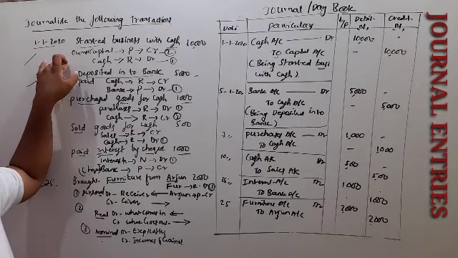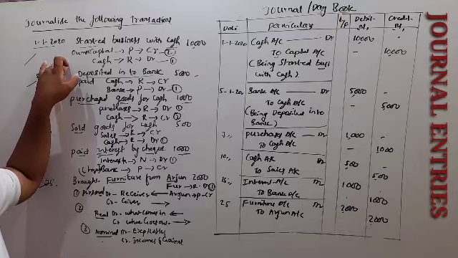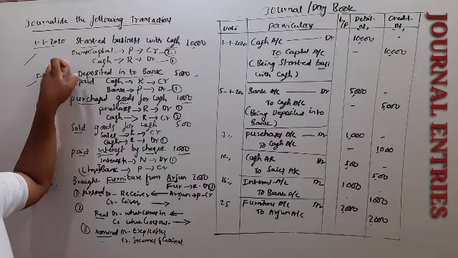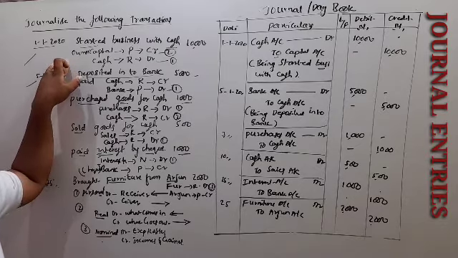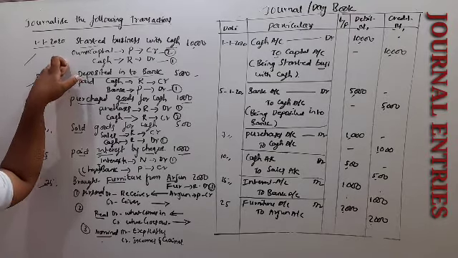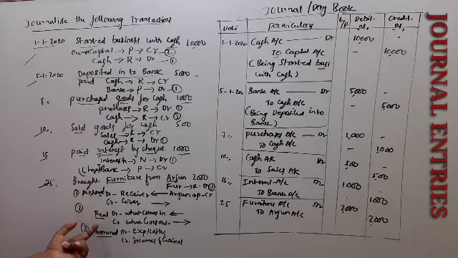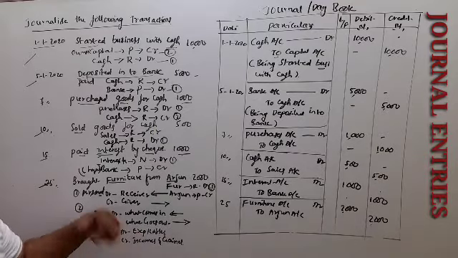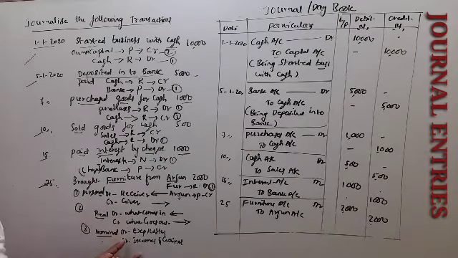Then, after analyzing, you have to find out the accounts involved in each transaction. Then you have to classify under the English system. You know, under the English system, personal account, real account, nominal account, three accounts are maintained. So under the three accounts you have to classify, and then you have to apply the rules, that is the debit and credit rules under the English system of accounting.